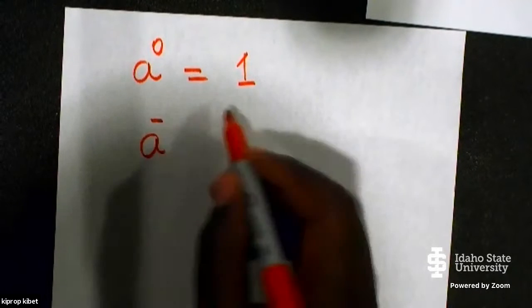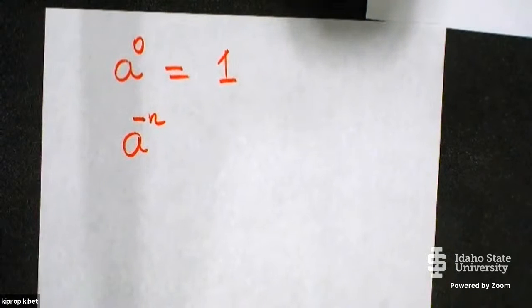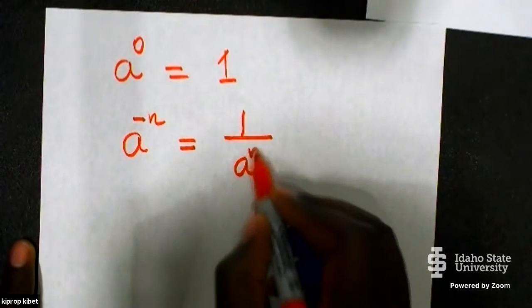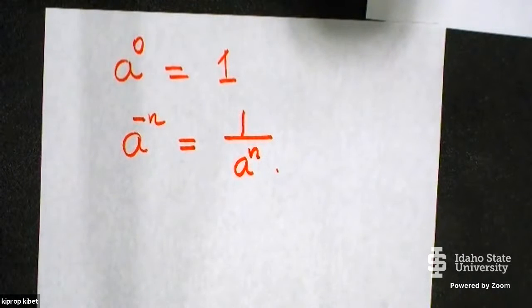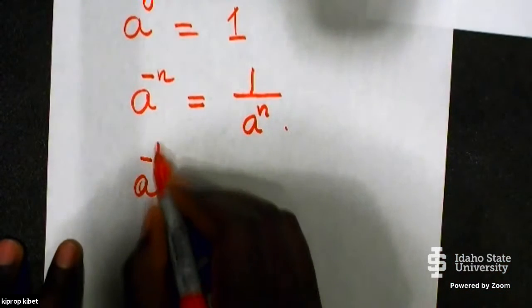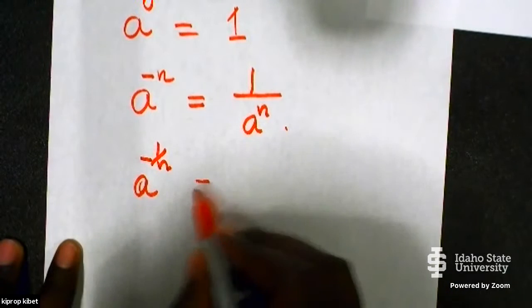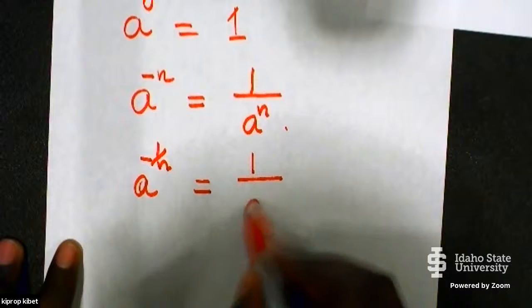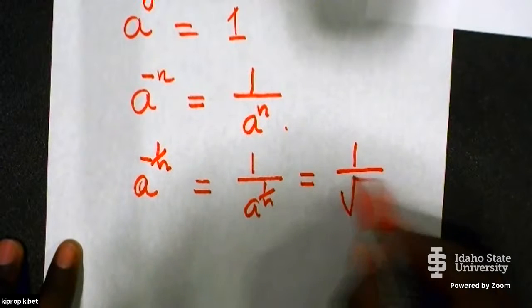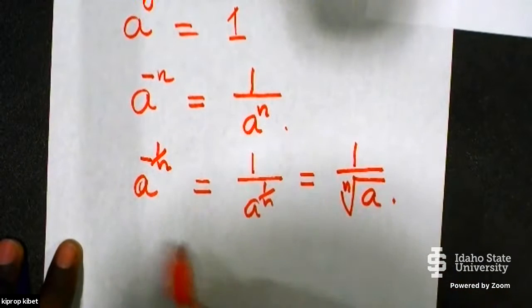Again, if we have A raised to minus N, A raised to minus N is the same as what? 1 over A raised to N. Also, if we have A raised to minus 1 over N, it is still similar to 1 all over A raised to 1 over N, which is still similar to 1 over the nth root of A.